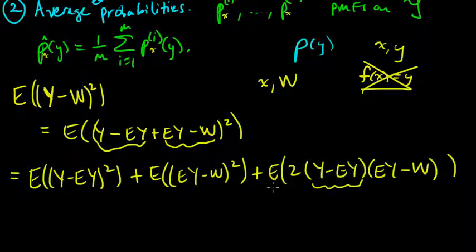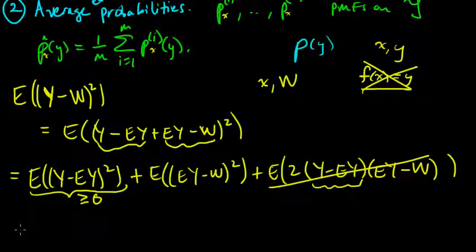So this whole term becomes 0. And this is the variance of Y, and that's always greater or equal to 0 because the expected value of something non-negative is always non-negative. So what we get is that this whole thing is greater or equal to this expected value.